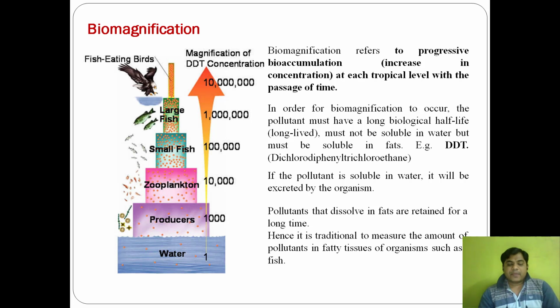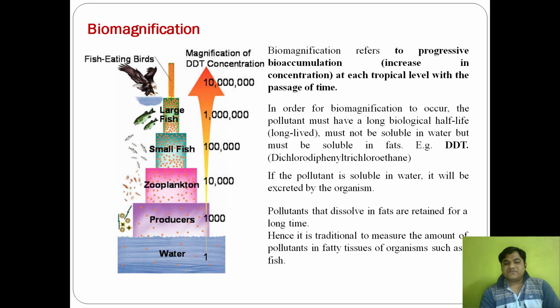If the pollutant is soluble in water, it will be excreted by the organism. Simple. So pollutants that dissolve in fats are retained for a long time. Hence, it is traditional to measure the amount of pollutant in the fatty tissue of organisms such as fish.